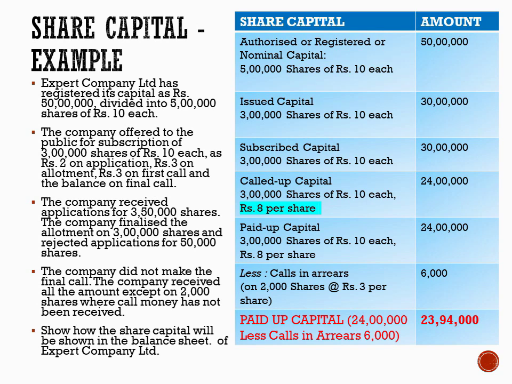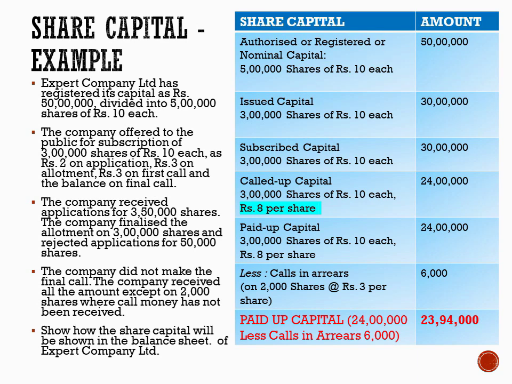Whatever the company offered or issued, the 3 lakh shares, were fully subscribed or oversubscribed, but we have to show the subscribed capital as 3 lakh shares of 10 each, that is 30 lakh.